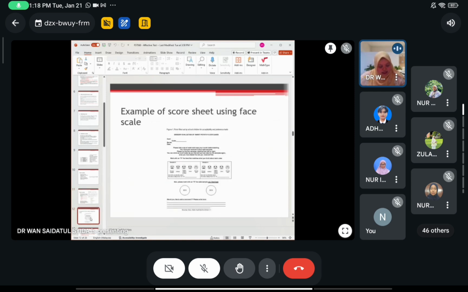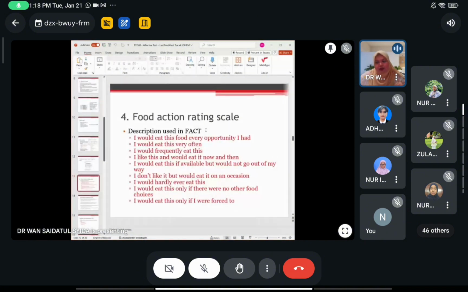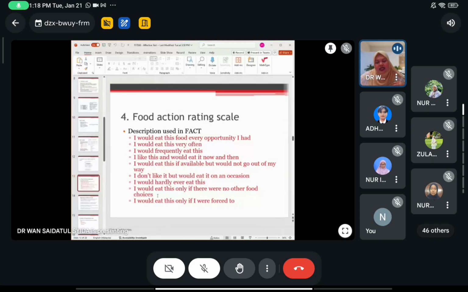Okay, and then the score sheets. All right. Then the food action rating scale. Okay, the discrimination. So you don't have to memorize all the descriptions. You just memorize 3 or 4 in the food action rating scale.